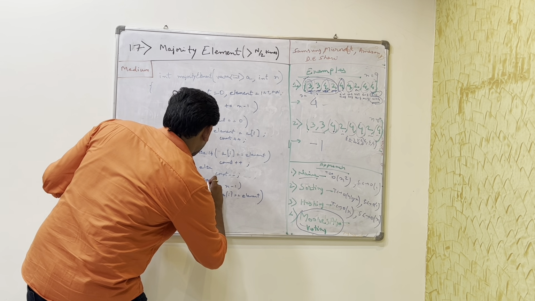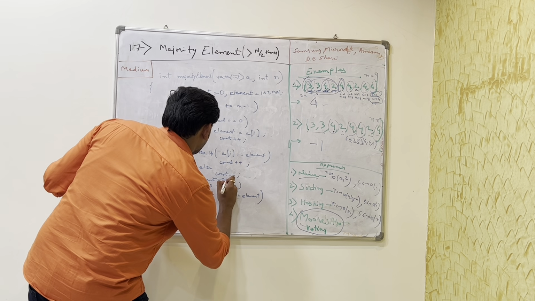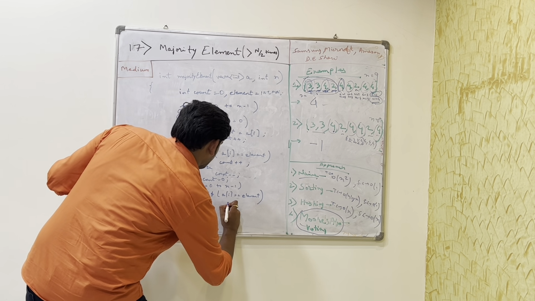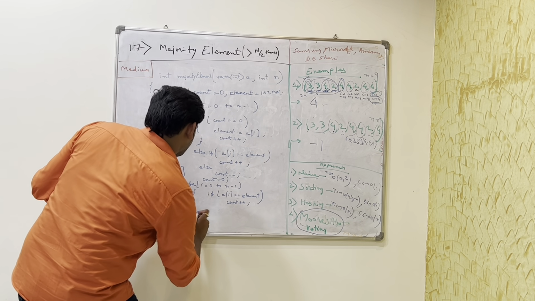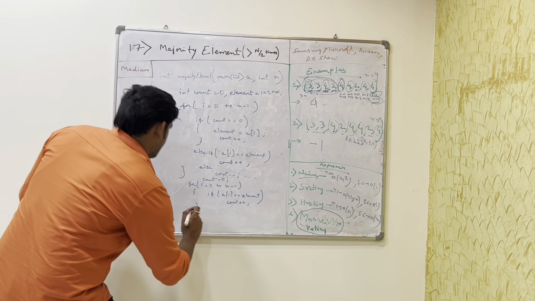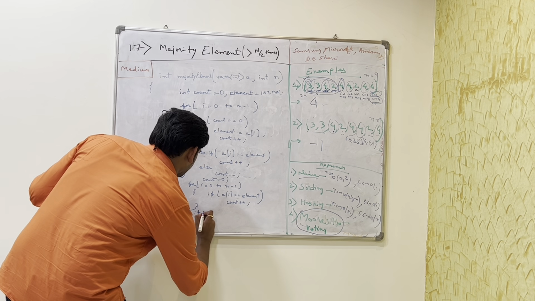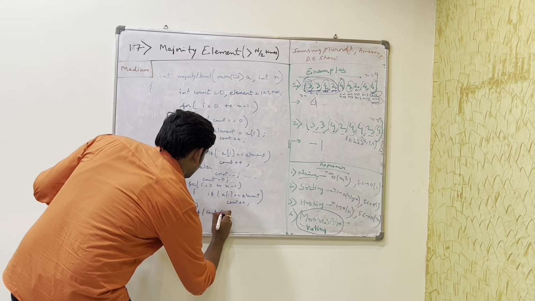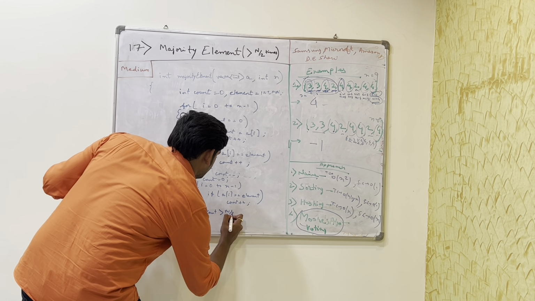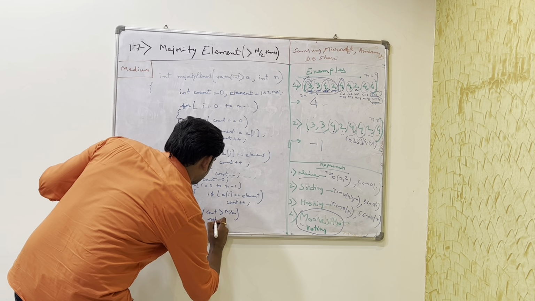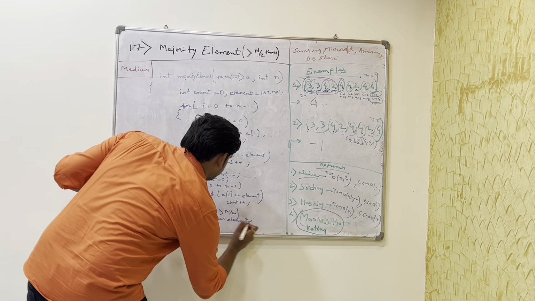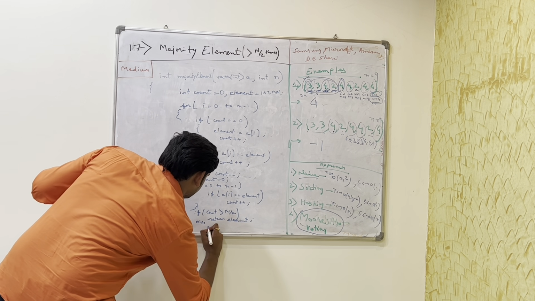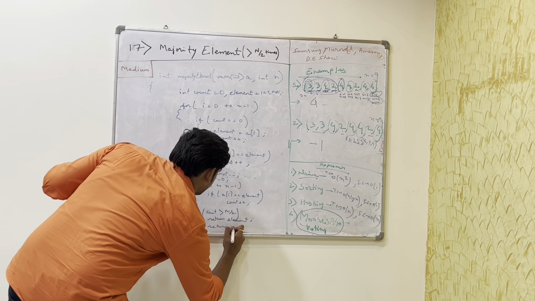Count we will make again as 0, because we want to get the latest actual count. And now if count is greater than n by 2, then we will return the element, else we will return -1.